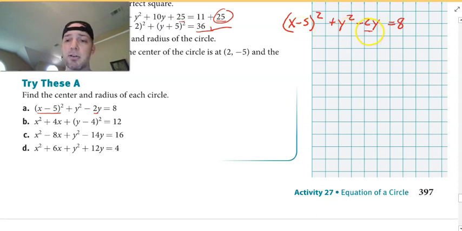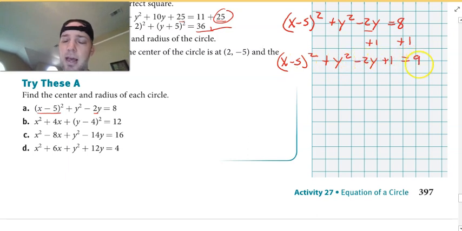If I look at my b term for the y's, negative 2, half of that would be negative 1, and negative 1 squared is positive 1. I need to add 1 to both sides. So I get x minus 5 squared plus y squared minus 2y plus 1 equals 9. Now that I've completed the square, the two factors should just be y minus half of b.